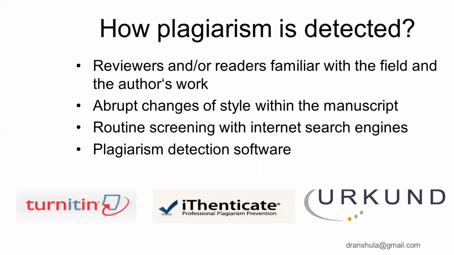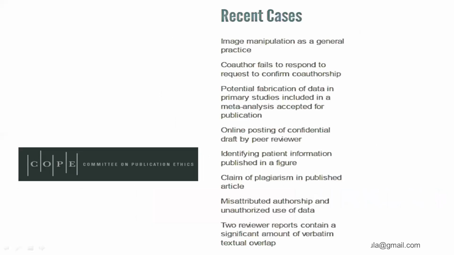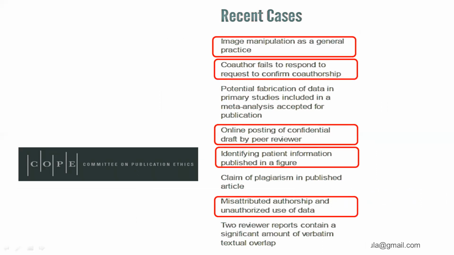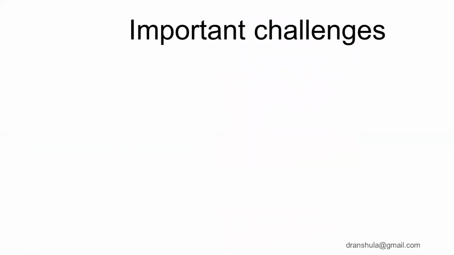UGC promotes Urkund, whereas most international journals go with Turnitin or Authenticate plagiarism detection software. COPE, the Committee on Publication Ethics, has cited recent cases related to plagiarism, where a co-author fails to respond, online posting of a confidential draft, identifying patient information, misattributed authorship, and unauthorized use of data are various types of complaints being received in recent times. So you have an important challenge in front of you.